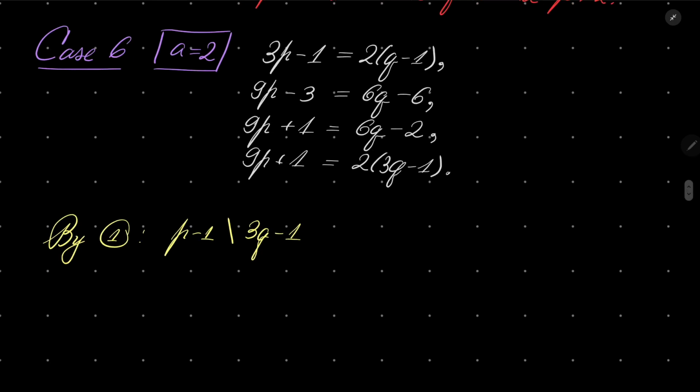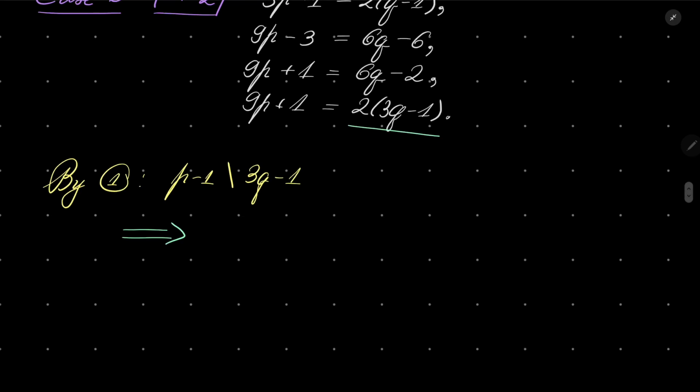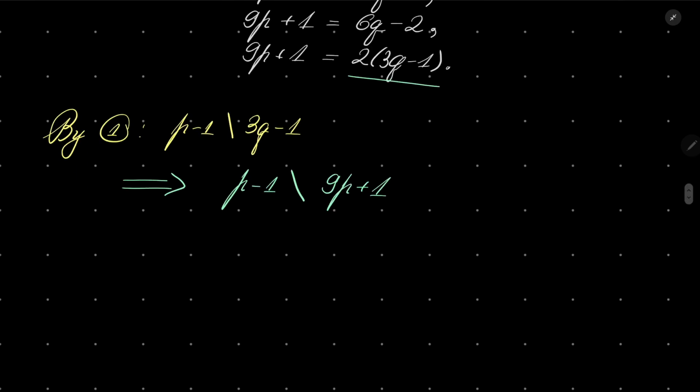But now, remember that this number is definitely divisible by P minus 1. So, P minus 1 divides 9P plus 1. But also, most definitely, P minus 1 also divides 9P minus 9.